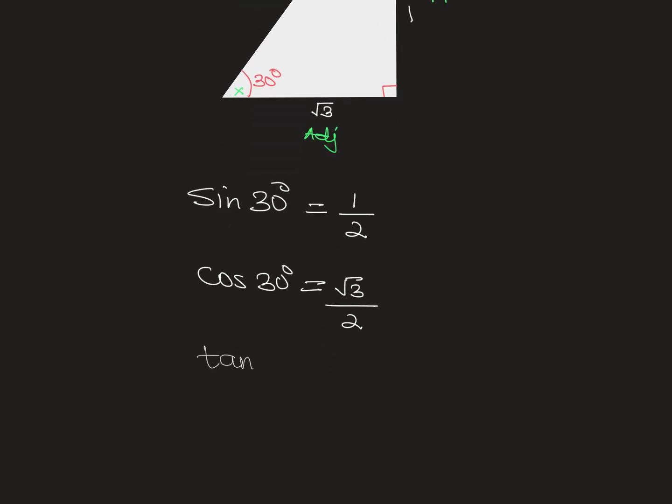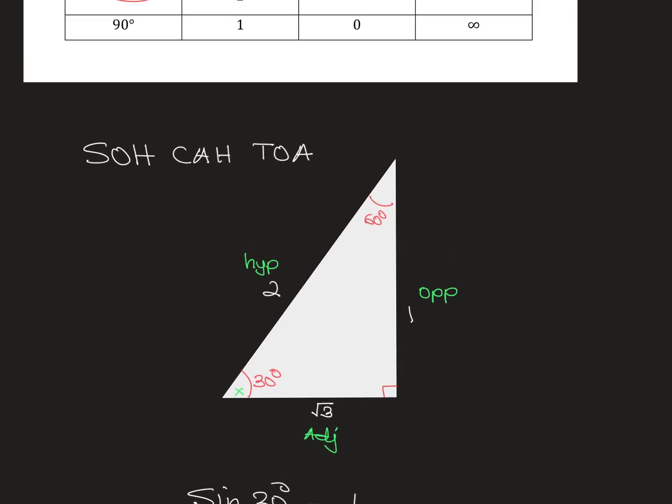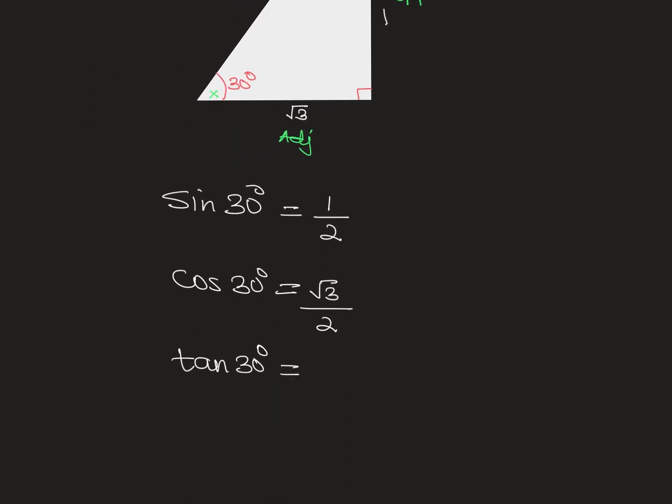For tan 30 degrees, that will be equal to the opposite divided by the adjacent. The opposite is 1, the adjacent is root 3. So that is why tan 30 is 1 all over root 3. But when we have root 3, we have to do rationalization because we don't want to leave a root as a denominator. So how do we rationalize?